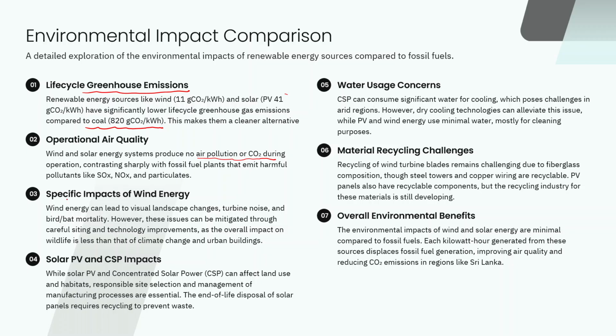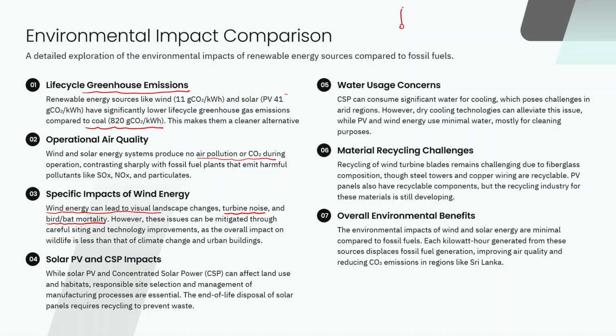But on the other hand, the wind energy systems can lead to certain other issues like turbine noise, right? And bird and bat mortalities, since the turbines block the pathways of birds and bats.